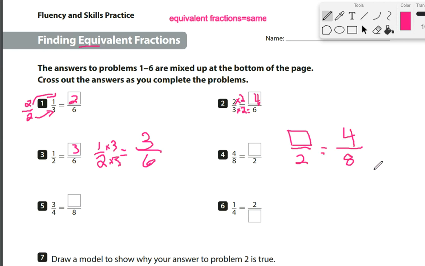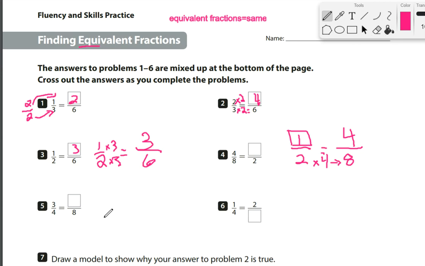It is much easier to make things bigger than it is to go, well, 8 divided by something is 2. We're not super comfortable with our division yet, so flip it around. 2 times something makes 8. Well, we know that's 2 times 4. 2 times 4 is 8. So something times 4 made 4. That has to be 1 because it didn't change. 1/2 is equivalent to 4/8.